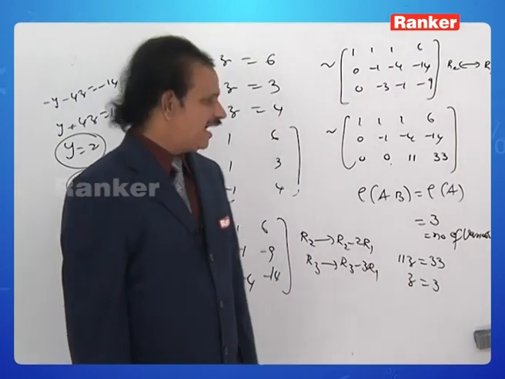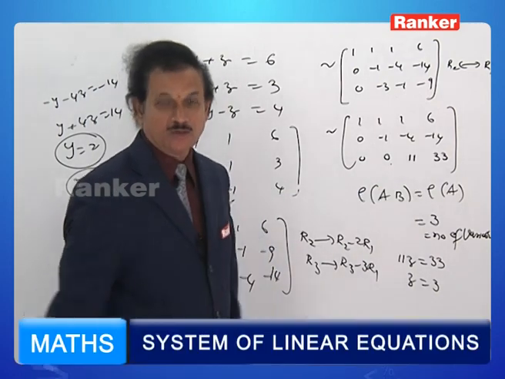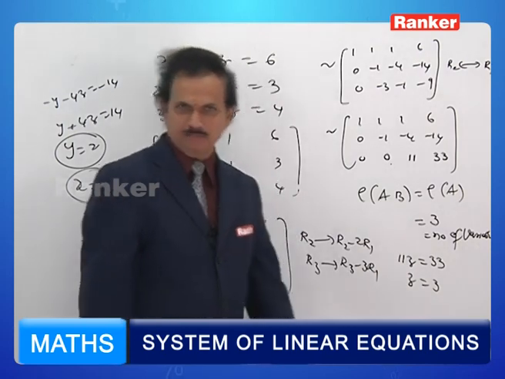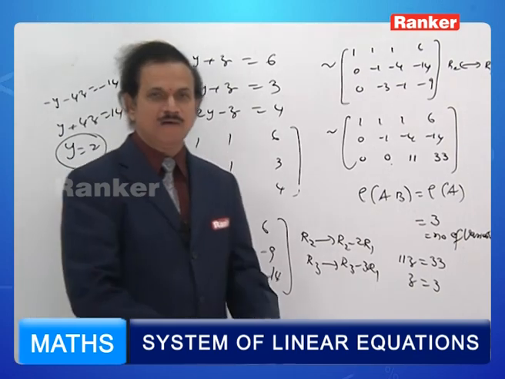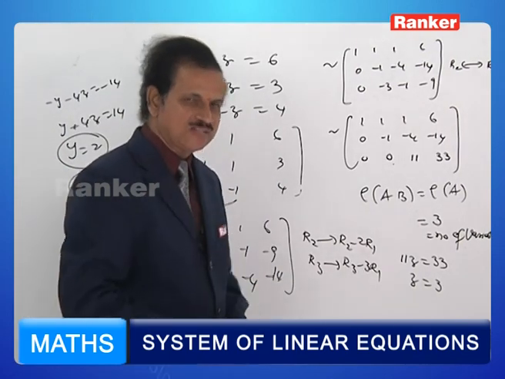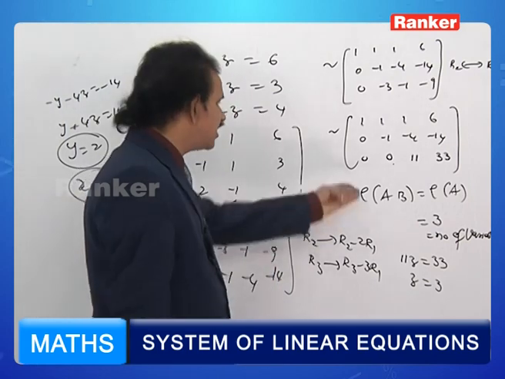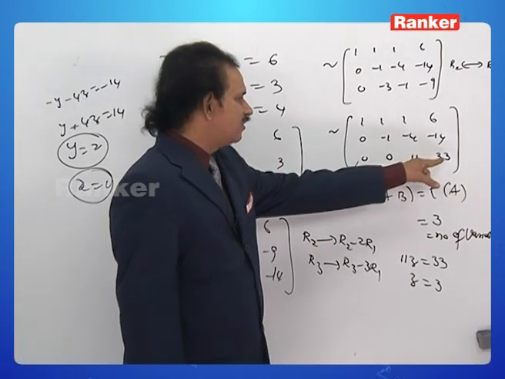So rank of AB is equal to rank of A. System is consistent. Equal to how much? 3. What is 3? Number of variables. Hence the system has how many solutions? One and only one solution. What is that solution? You can get it from the last step itself. 11z is equal to 33.